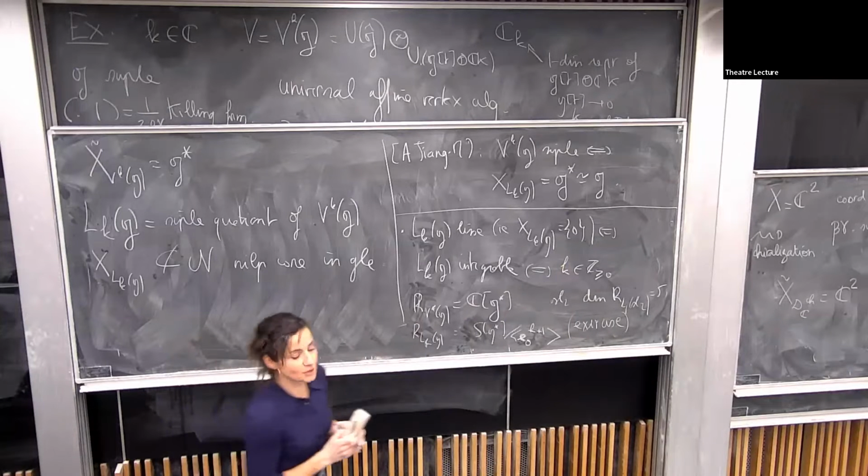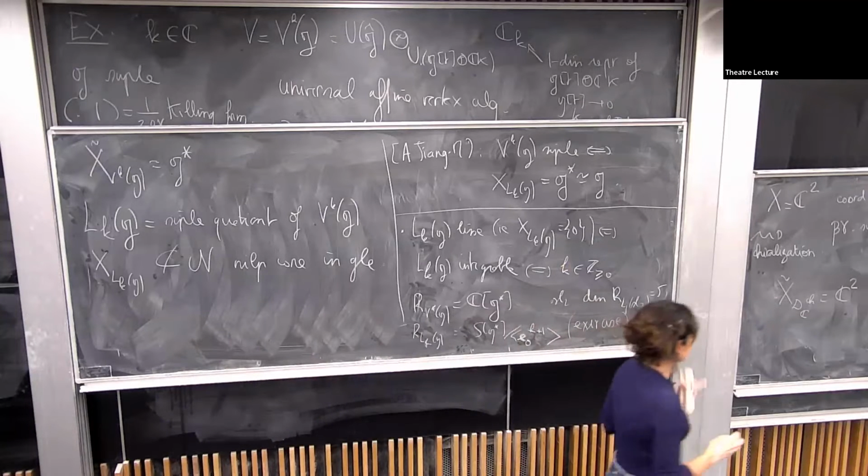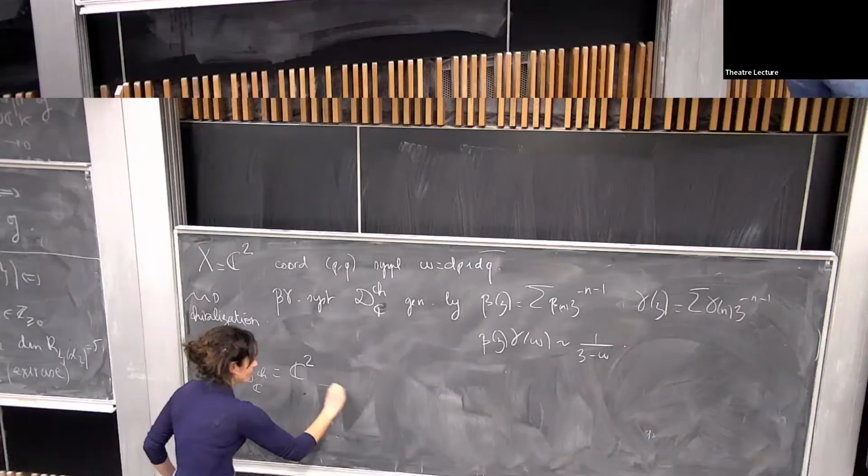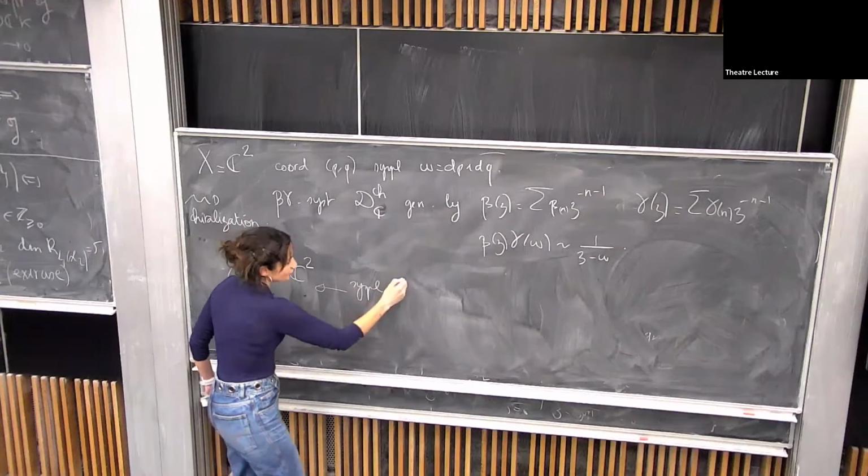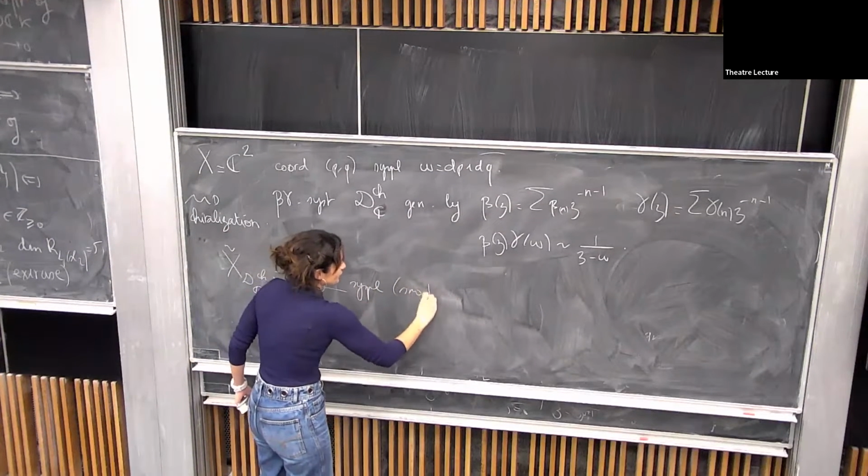So here it's not a point, but still it's nice because it's symplectic, and in fact also smooth and, obviously, reduced.